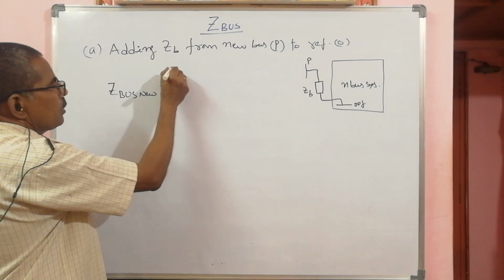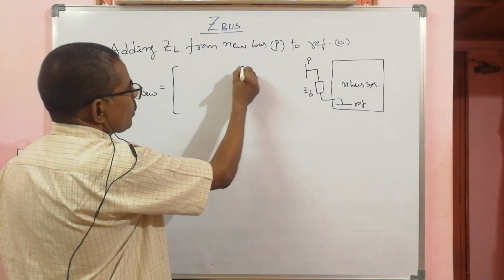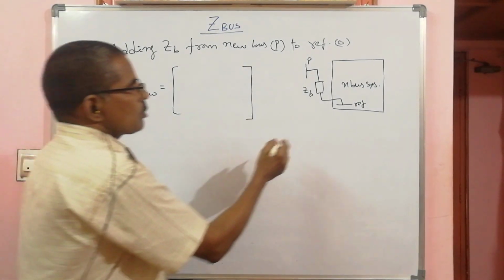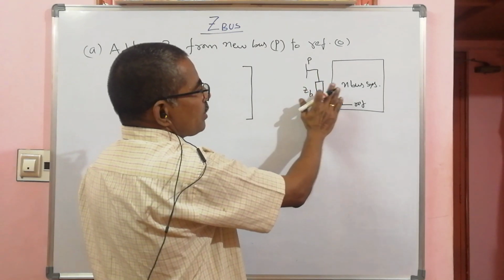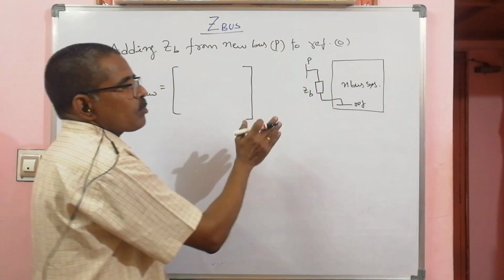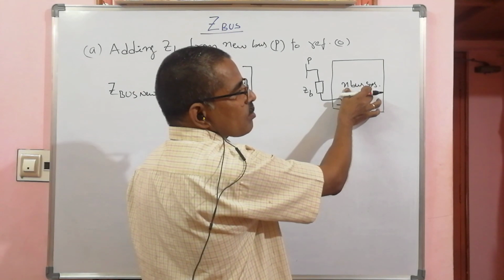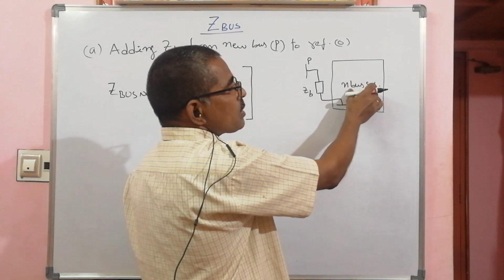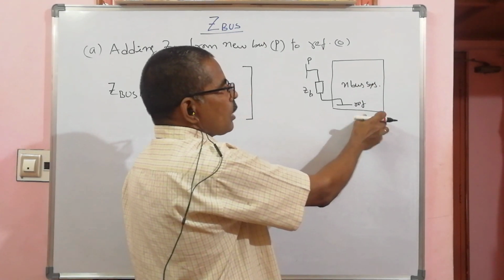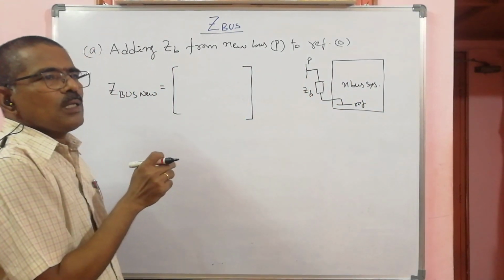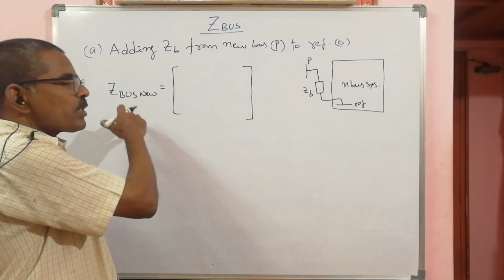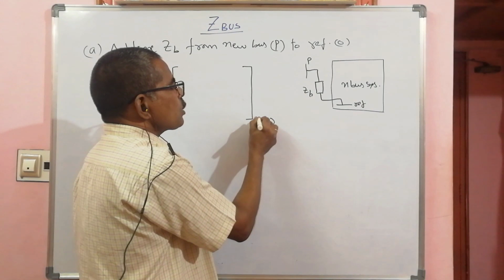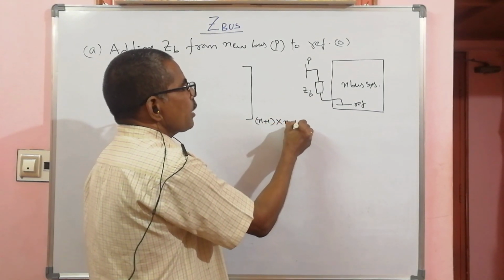So please observe here, suppose this is not added, then the original system or old system is n bus system. What is the size of this? Size of Z bus? It is n by n. Now you are adding a new bus. So the size of Z bus new, it will be n plus 1 by n plus 1.